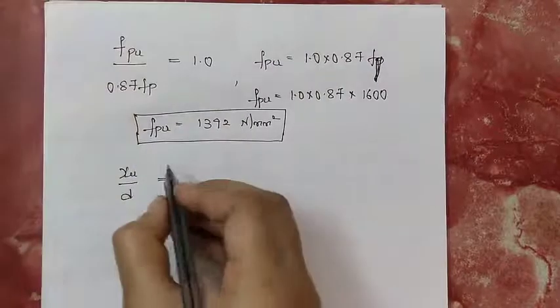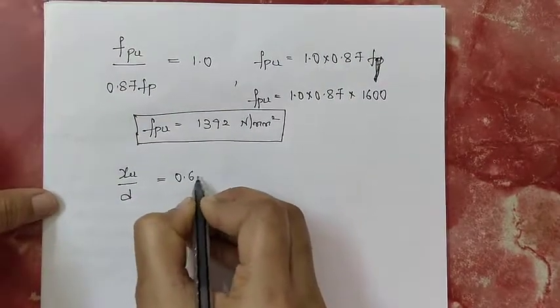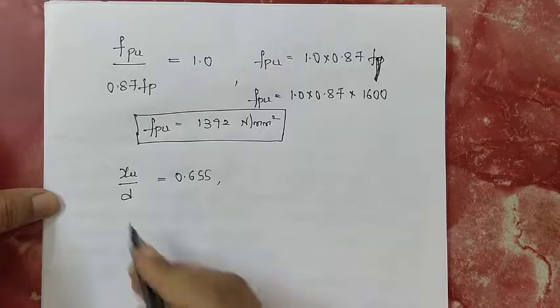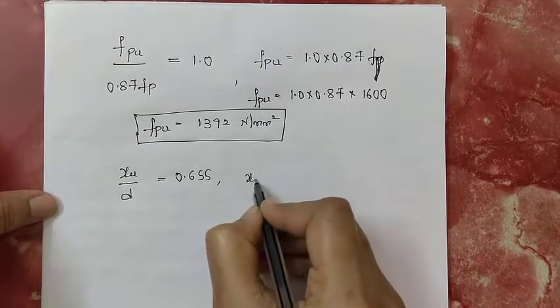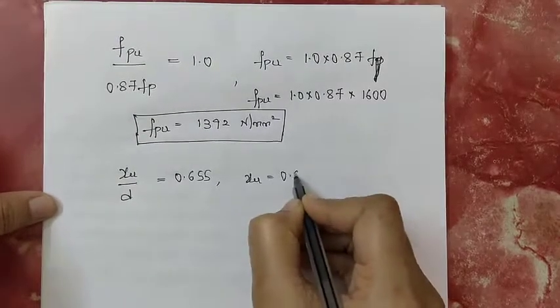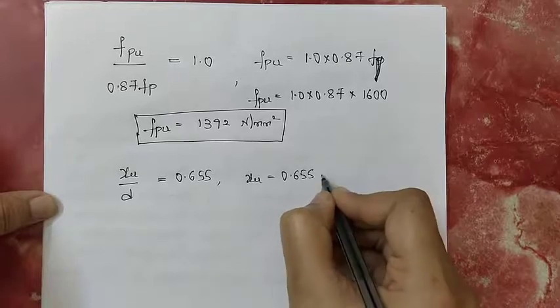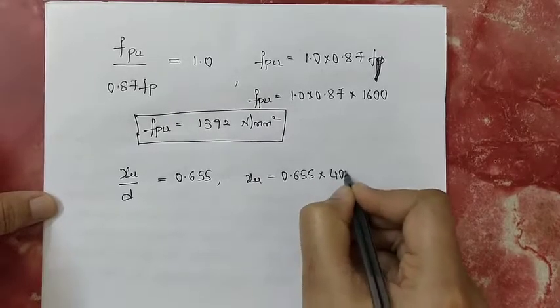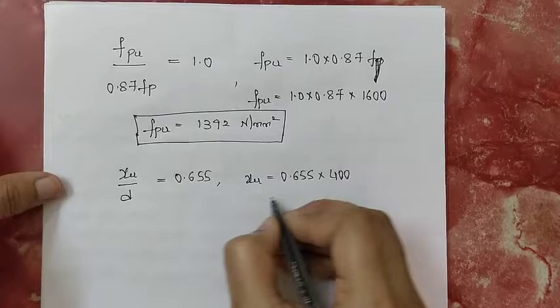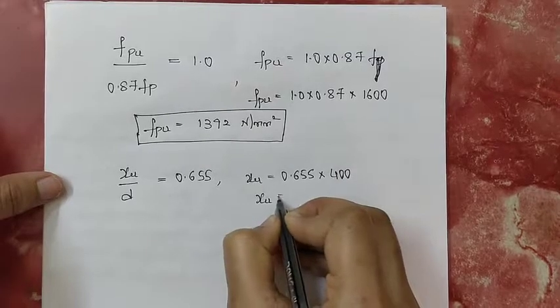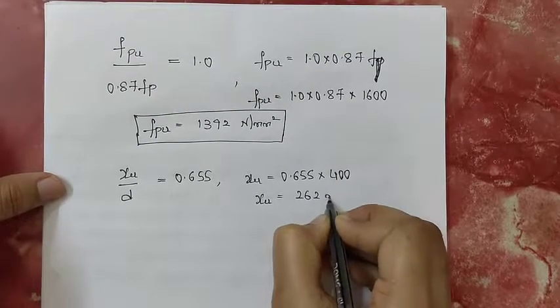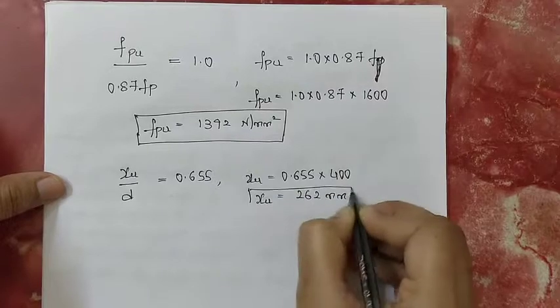Write it down. From this you can calculate XU. XU equals 0.655 multiplied by D, which is 400. Then XU will be equal to 262 mm.